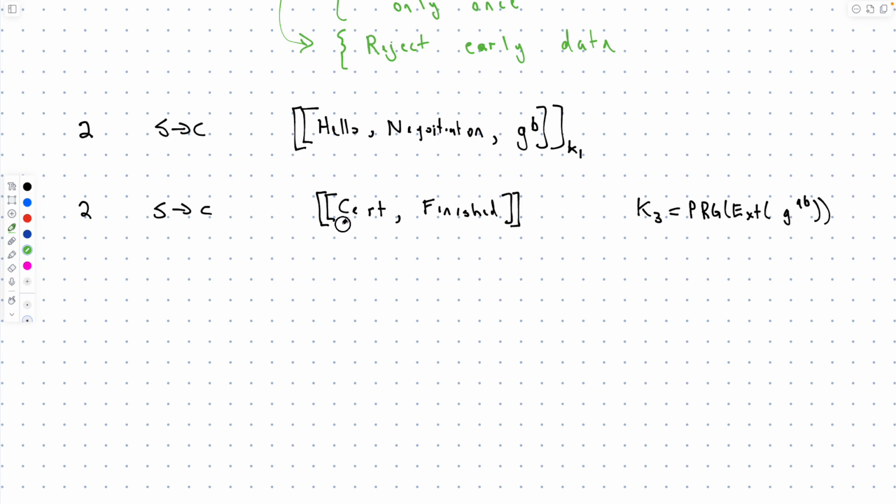So if we're resuming, we can skip sending this. And the certificate's kind of big, so we'd like to skip that. We don't want to send it if we don't have to. And usually it's not just one certificate, it's like a chain of certificates back to the root.